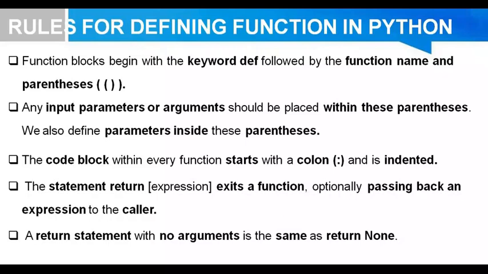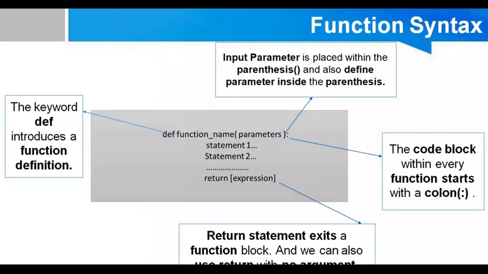Here, by an example and some syntax, I am showing how we declare a function. First of all, I'll write the def keyword. The def keyword introduces a function definition, then the function name, then the parameters. Parameters are placed within the parentheses. If you want to define parameters, you should do it within the parentheses.